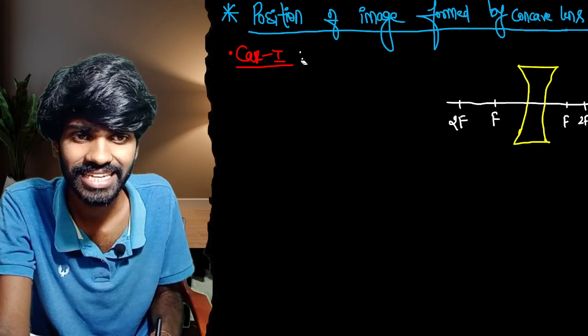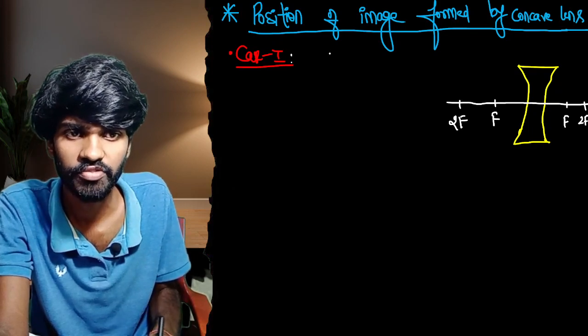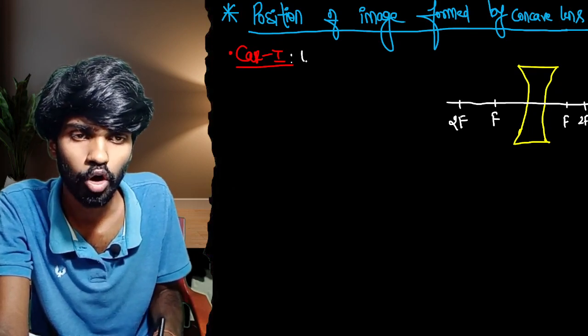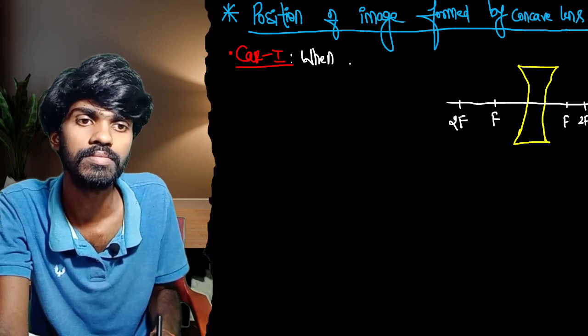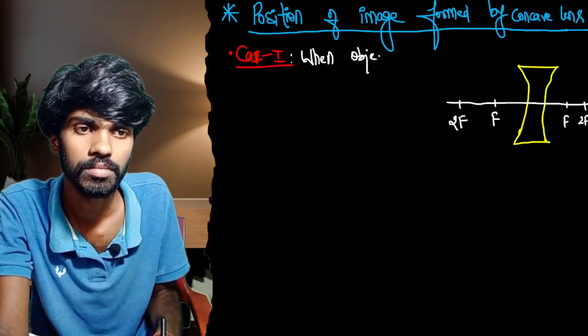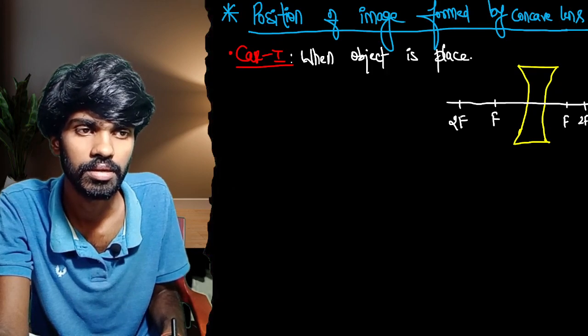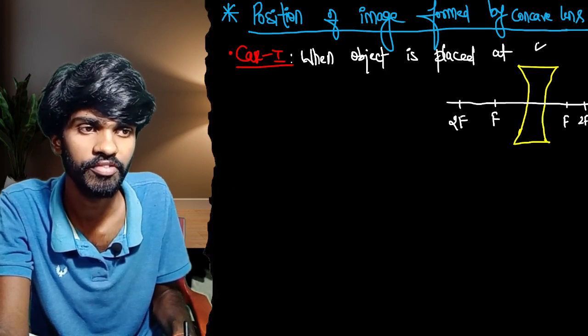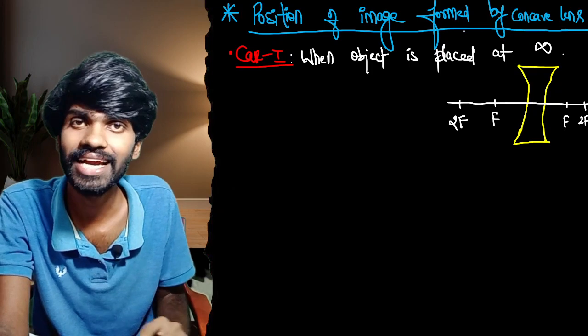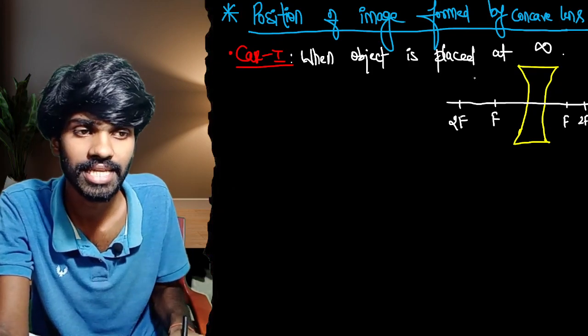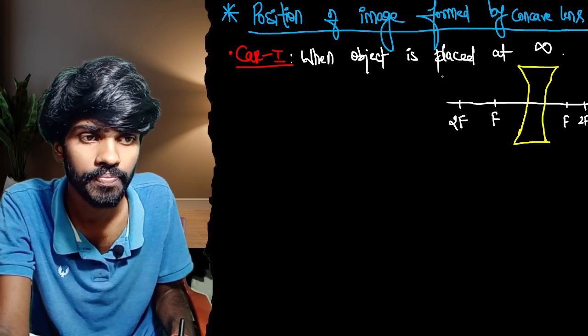So our first case here, it will be when object is placed at infinity. When object is placed at infinity, we have already discussed how the rays will be coming.